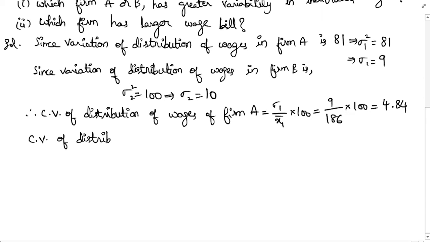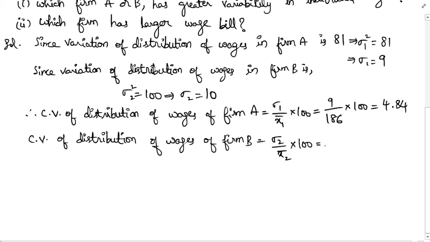Then now we will find the CV of distribution of wages of firm B. That is equal to sigma 2 by x2 bar into 100, which is equal to 10 divided by 175 into 100, which is equal to 5.71.